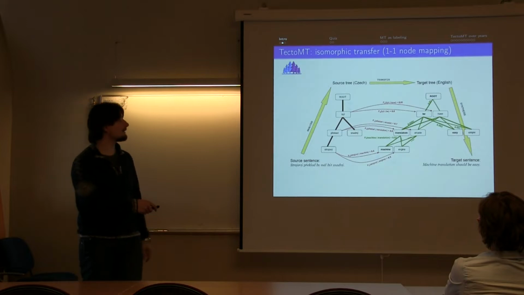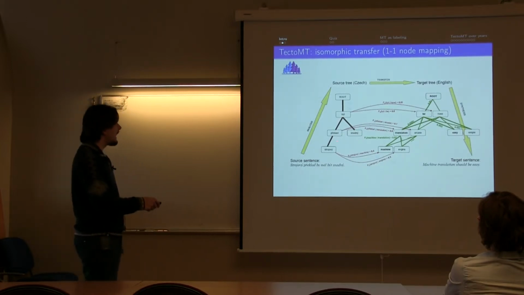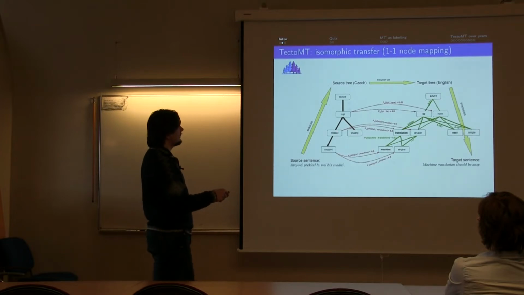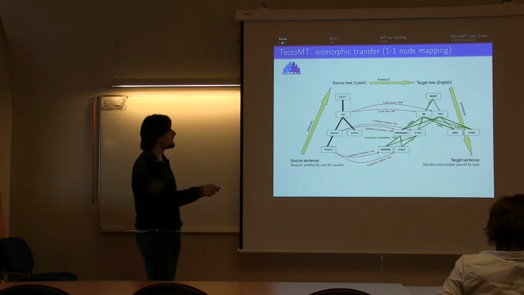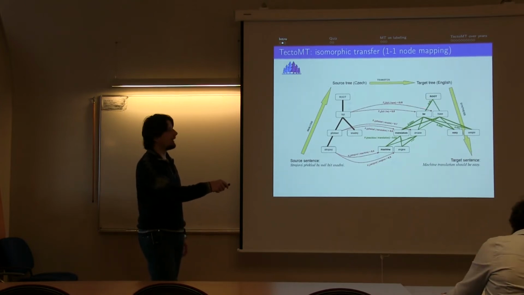That's the correct translation. What I want to illustrate with this picture is only the fact that in this case, the sentence can be translated isomorphically, which means one-to-one node.